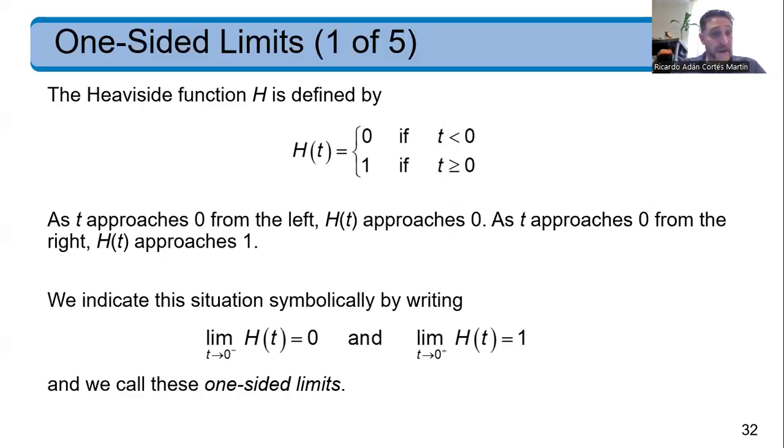So what is this function? This is a very basic function. It just says, if you give me a value of t below zero, I'm going to give you a zero, okay? But if you pass the value of zero, if you give me a positive value, then I'm going to give you a number one, okay? So it's like when you deliver something on time, okay? So if you deliver it before the deadline, that means okay, no?